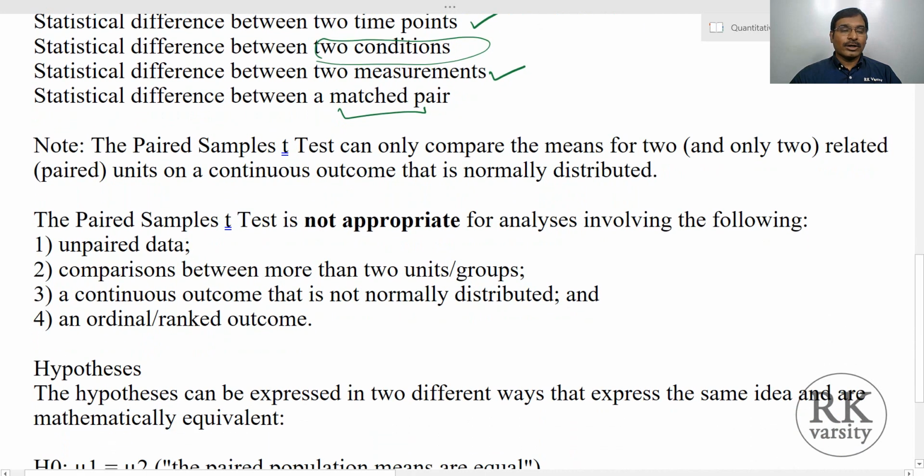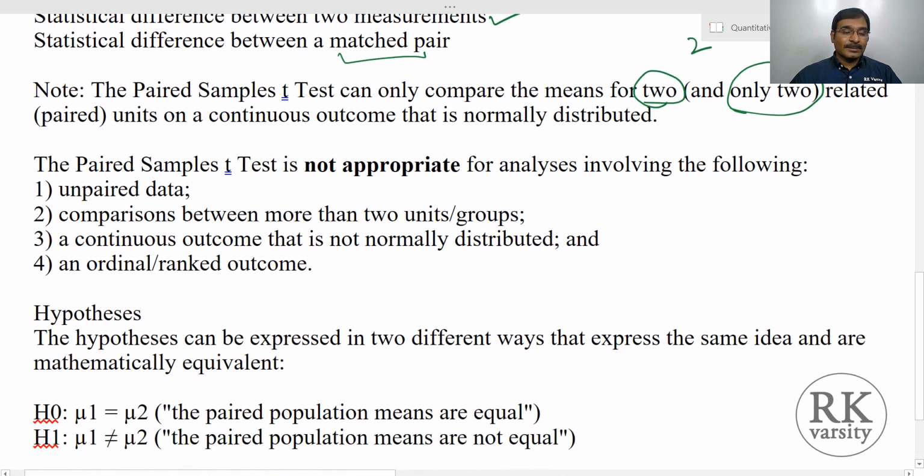Now the test can compare the means of only two, that is only two times, whether it is two variables, two different points of time, two measurements or two conditions. It is a very important criterion for running a paired sample t-test.